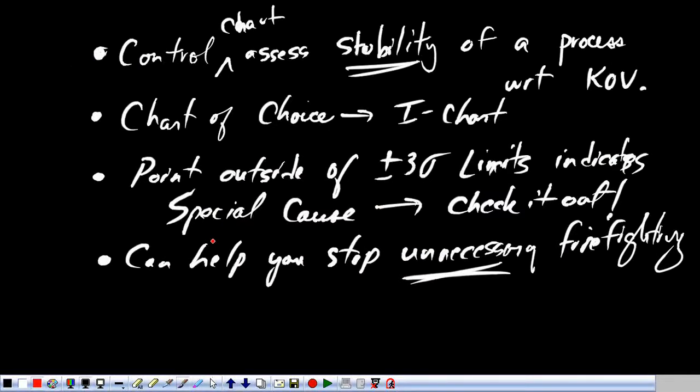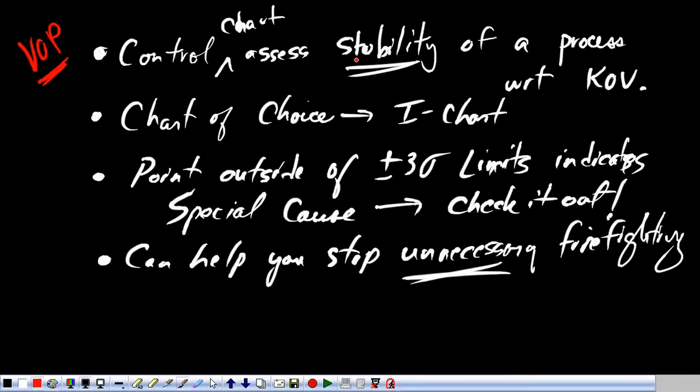Okay, so the takeaways are that the control chart assesses the stability of a process. It is the voice of the process, not the voice of the customer. So because of that, we're looking at the data determining those red lines. The chart of choice should be the I chart for you.